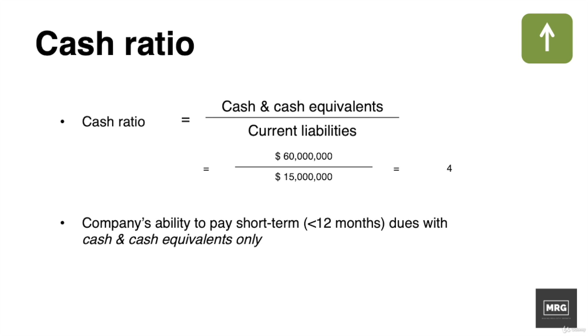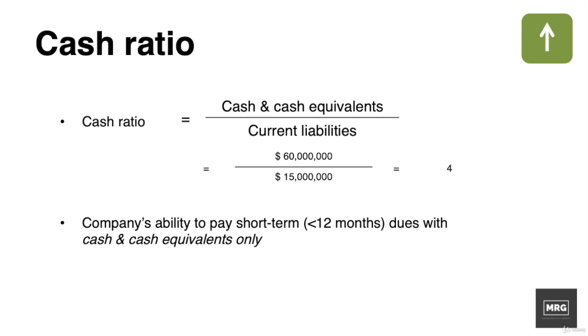All these values you could get from the balance sheet. Assuming that you have cash and cash equivalents of 60 million and current liabilities of 15 million, you plug that number into the formula, you will get a cash ratio of 4.